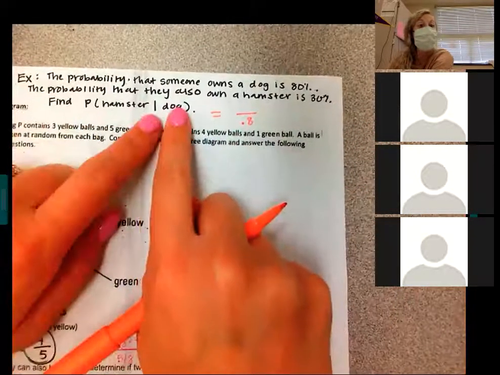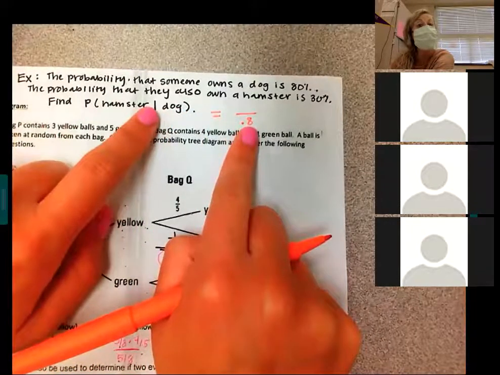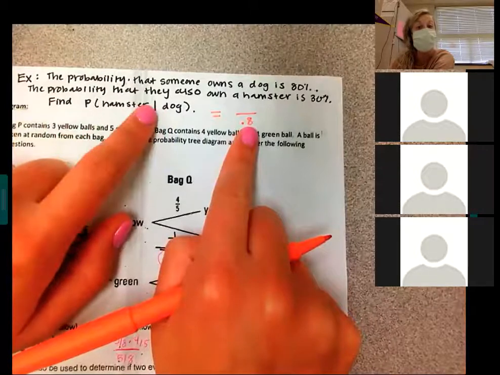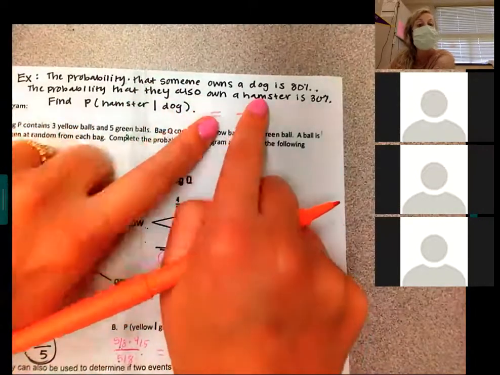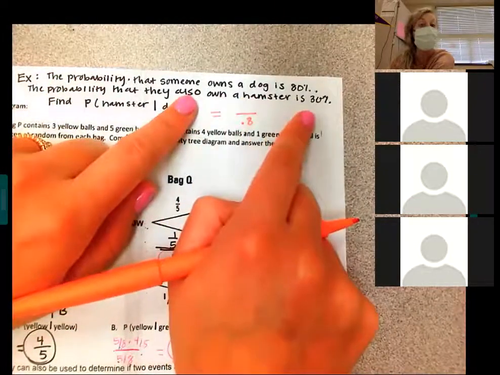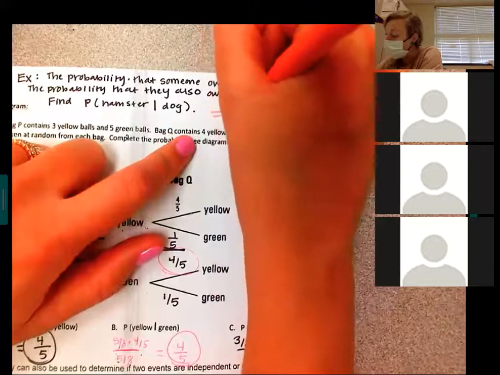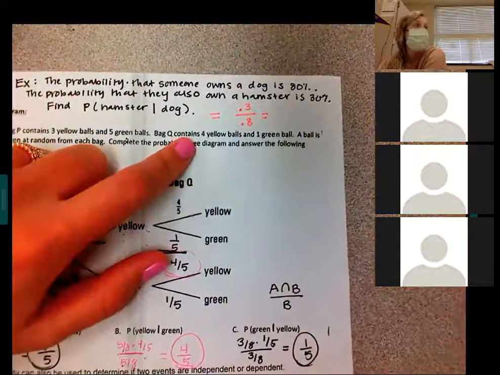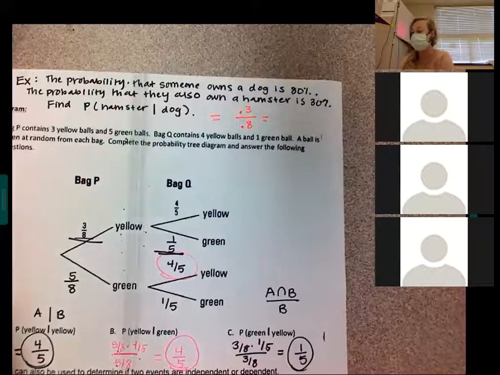So the probability they own a dog is 0.8. If I'm trying to find hamster given dog, hamster and dog have to go on the top. So it says the probability that they also own a hamster, which means they own both, right, is 0.3. So if you do 0.3 divided by 0.8, we're going to put the answer as a percentage since they gave us a percentage.